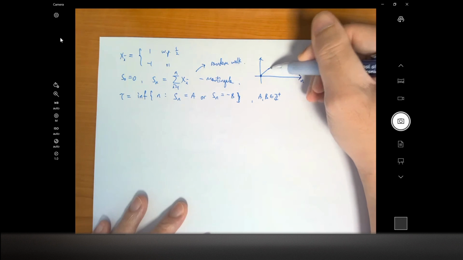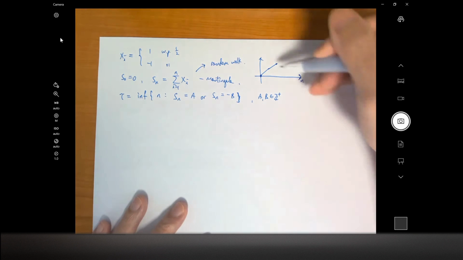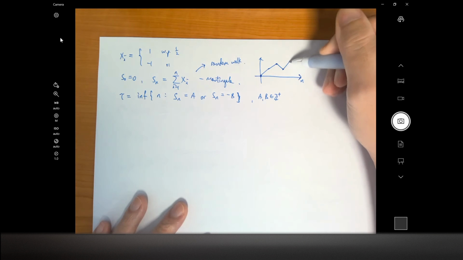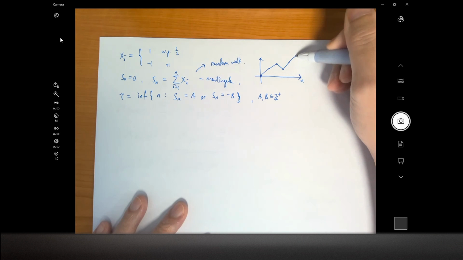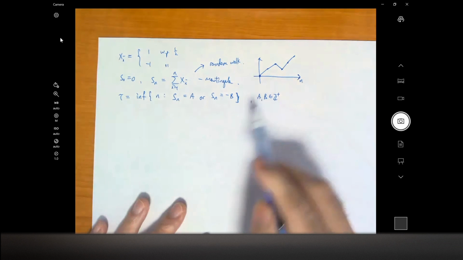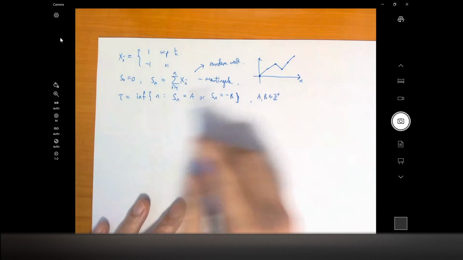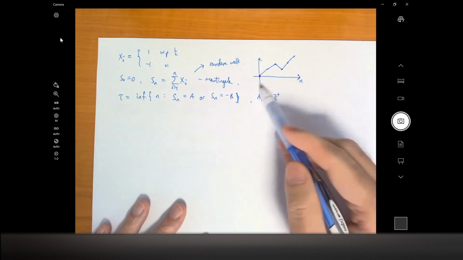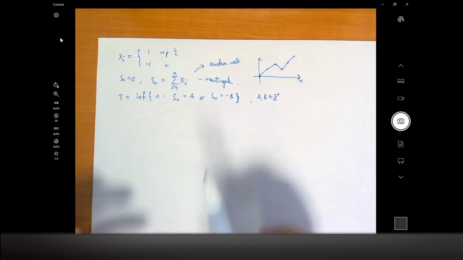In the second time step, maybe it goes up by 1 again, then maybe it goes down by 1 and so on. So this is one realization of S_n. Basically, it's a random walk.